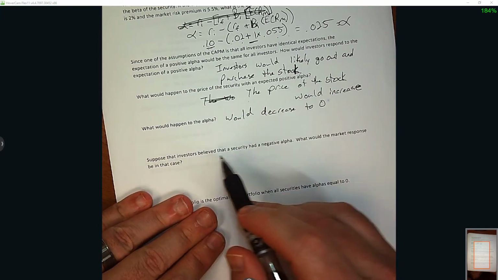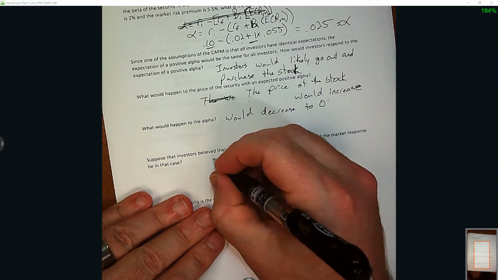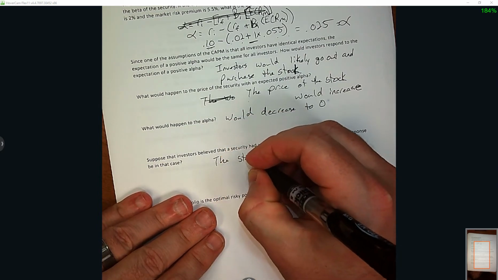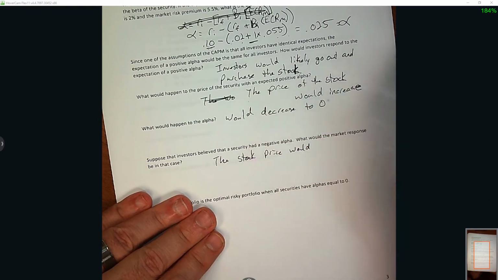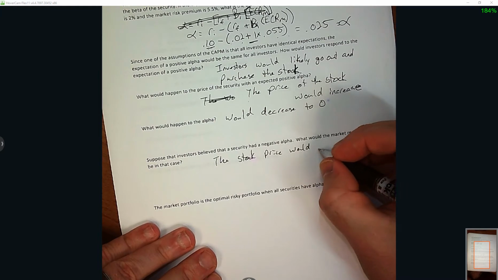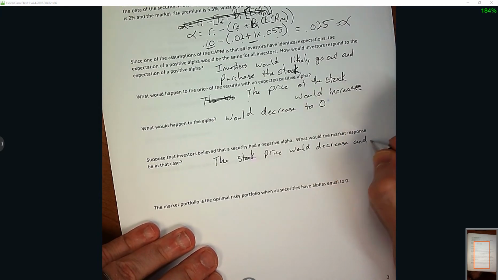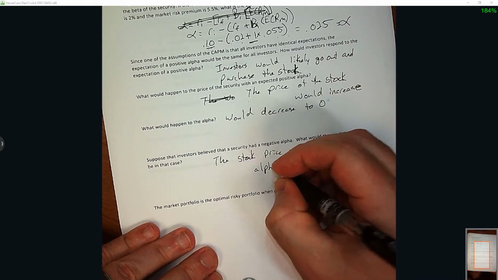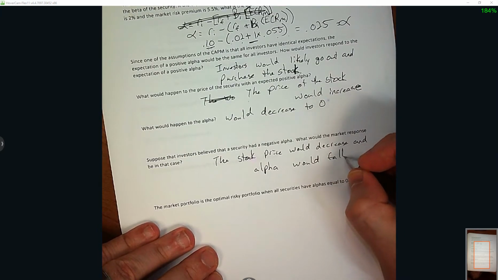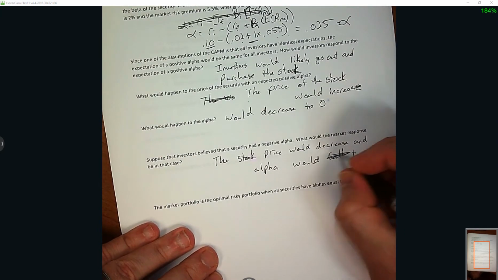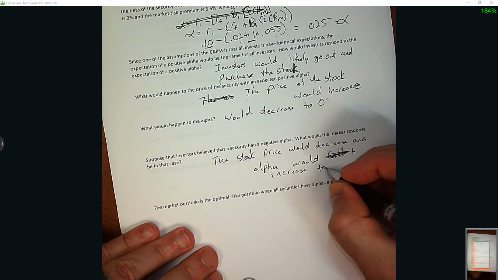So suppose the investors believe that a security had a negative alpha. What would the market response be? In that case, the stock price would go down. Price would decrease. And alpha would fall, or actually in this case increase, to zero.